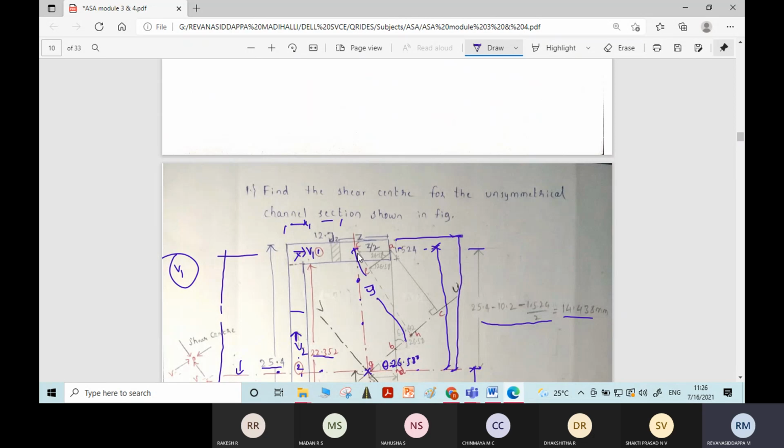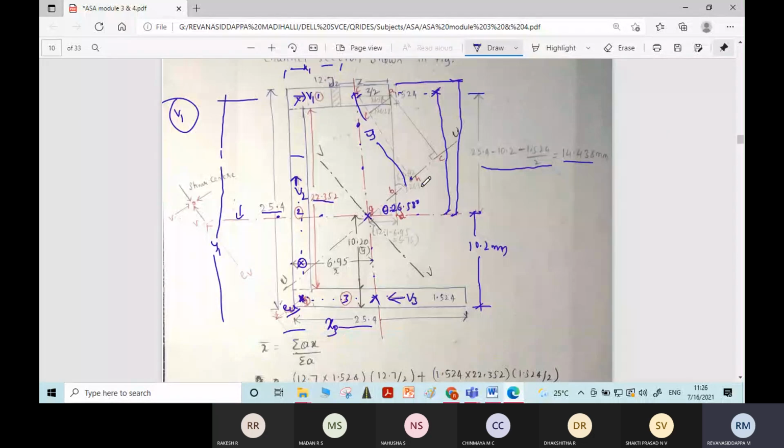Now we need to find this FH distance. To find it, I have drawn a vertical from the center of component 1 to the x axis.